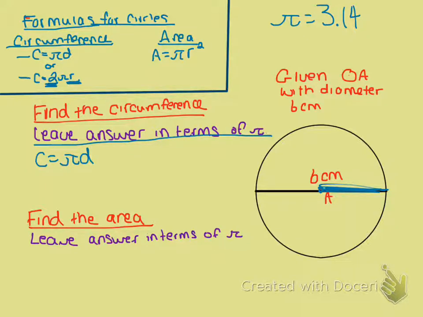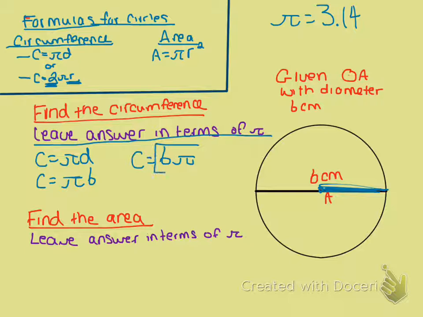Since I'm given the diameter, I'm going to use this one. So I plug in my diameter, C equals pi times 6. Now the correct way to write this is to actually flip these. The number should always be in front of pi. So your answer, circumference, is equal to 6 pi.